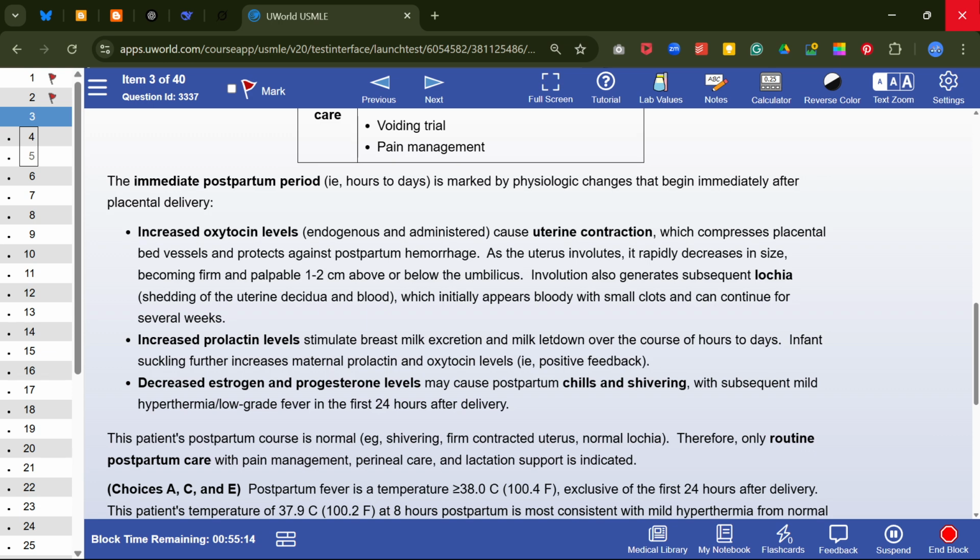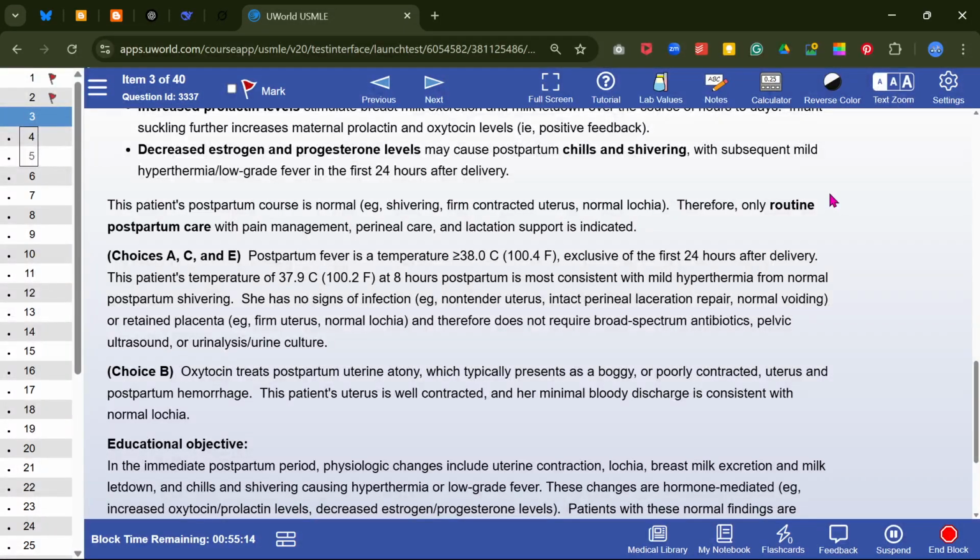This patient's postpartum course is normal: shivering, firm contracted uterus, normal lochia. Therefore only routine postpartum care with pain management, perineal care, and lactation support is indicated. Okay. Yes.